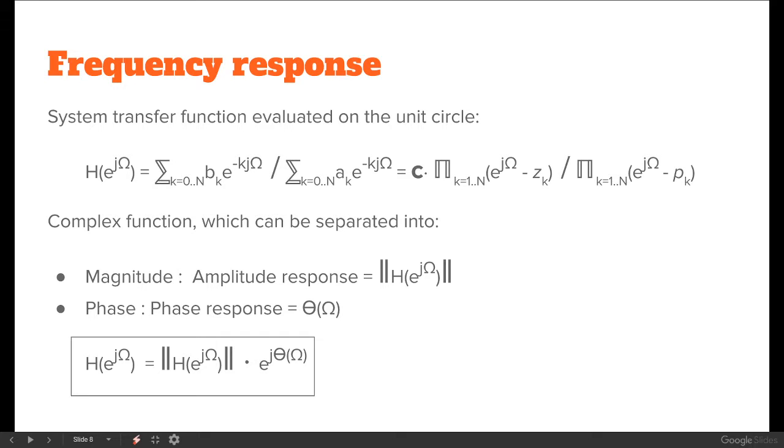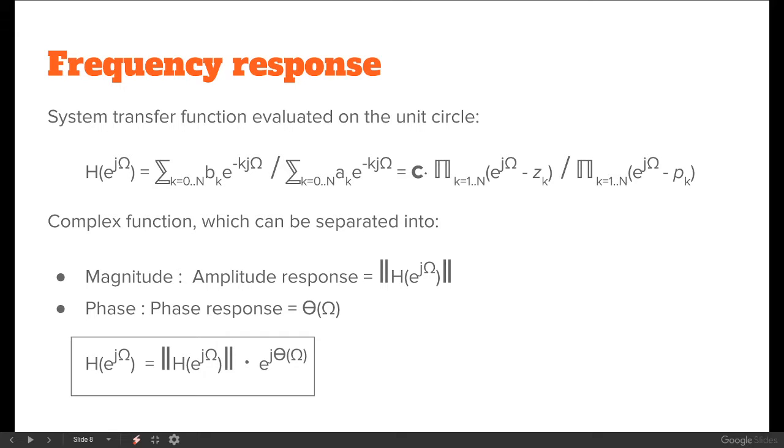So if that was omega 2 here, omega 2, that's the local maximum. And nothing interesting is happening in between, meaning that we can actually guesstimate what the frequency response could look like. Something like that, based on those special points, zeros and poles on the unit circle.